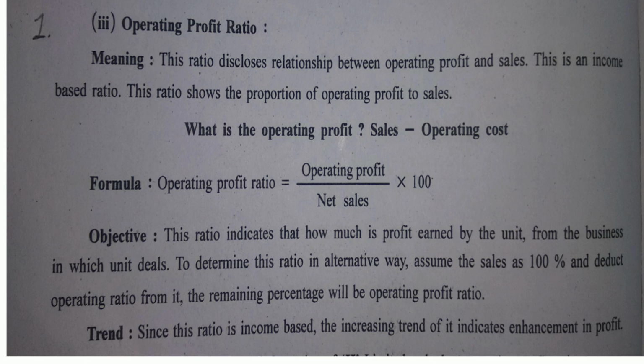Since this ratio is income based, the increasing trend of it indicates enhancement in profit. Obviously, if it is income based ratio, then an increasing trend of this ratio obviously indicates enhancement in profit.